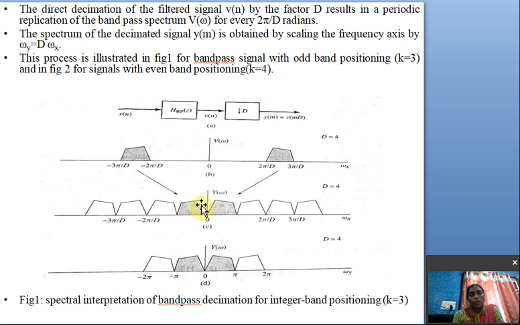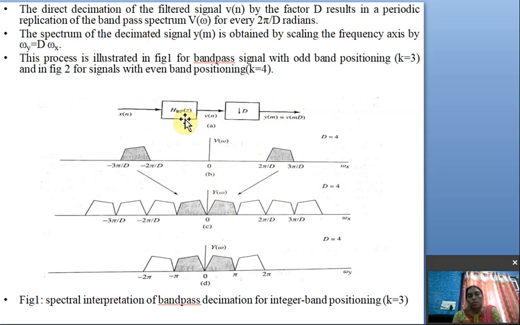For even band positioning, k equal to 4, we will see in the next slide. So here is a decimation block diagram. Here we are using a bandpass filter, so see the spectrum for the bandpass filter. Then here is the output of the decimator.